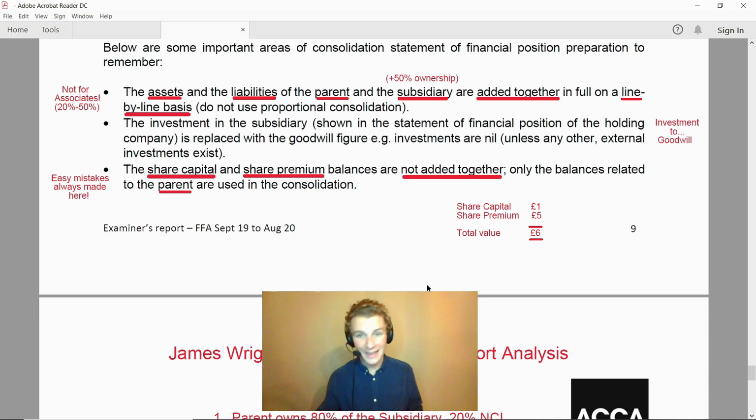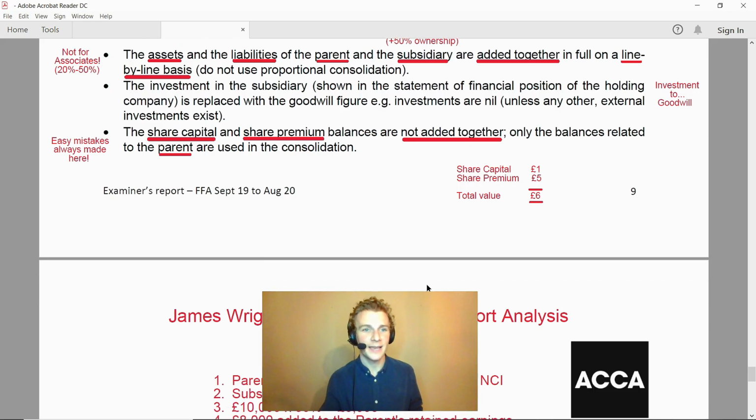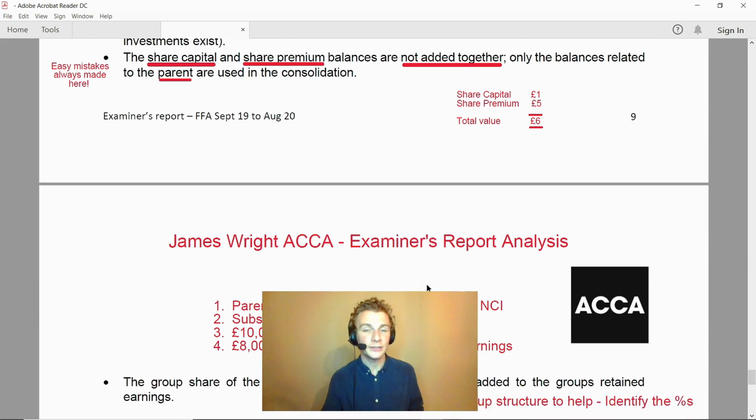What I've done for you on here is another key mistake that is made, and that involves the share capital and the share premium. Remember, that's already been tested in Part A and can be tested now in Part B on top of that. It's an easy mistake to make. I see it all the time, but the share capital and the share premium, get that jotted down, really key note, are not added together.